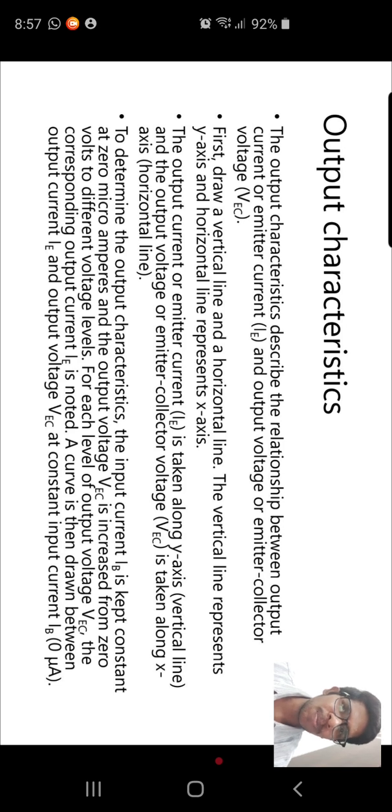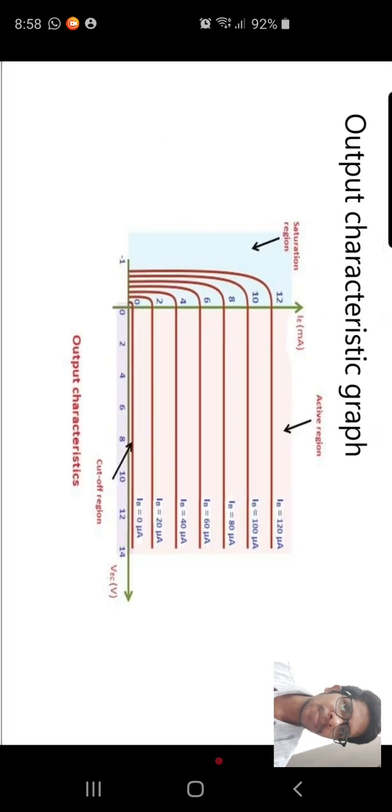To determine output characteristics, the input current IB is kept constant at a value in microamperes, and the output voltage VEC is increased from 0 volts to different voltage levels. For each level of output voltage VEC, the corresponding output current IE is noted. A curve is then drawn between output current IE and output voltage VEC at constant input current IB.